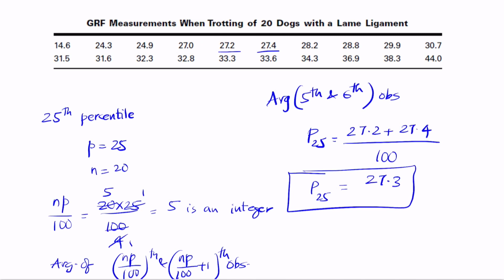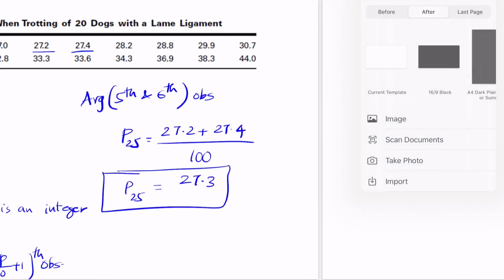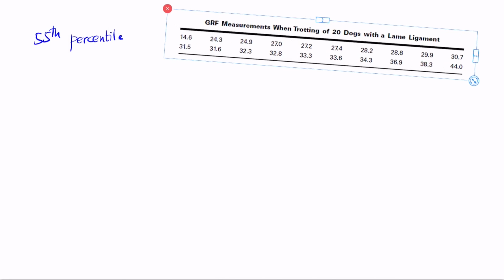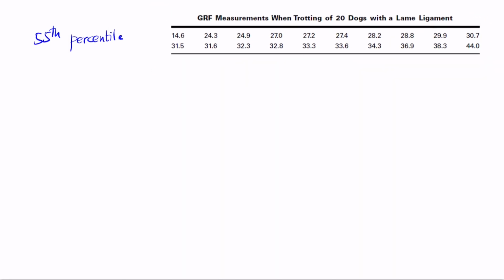Now let's take another example. Let's say I am finding an odd one, for example, the 55th percentile. So how do you find this?